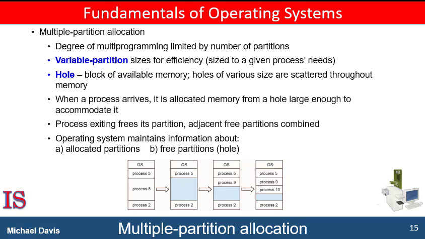Initially, the memory is fully utilized, containing processes 5, 8, and 2. After process 8 leaves, there is one contiguous block available. Later, process 9 arrives and is allocated memory, leaving us with a little bit smaller available block.